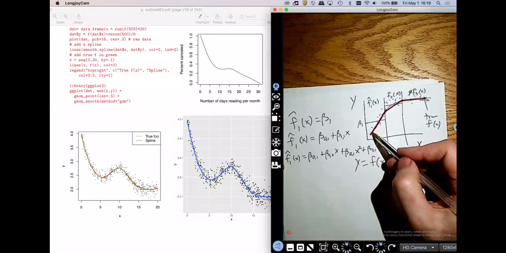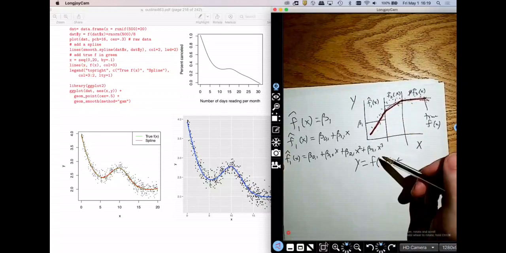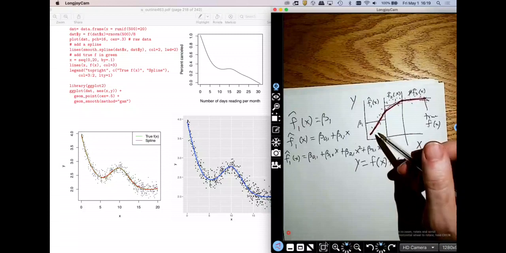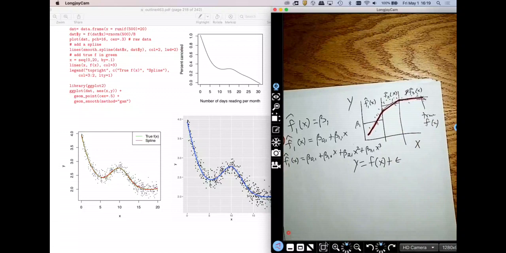So in each one of these regions, I'm going to give myself a little more flexibility. It doesn't have to be a straight line, but I'm going to impose all sorts of constraints.